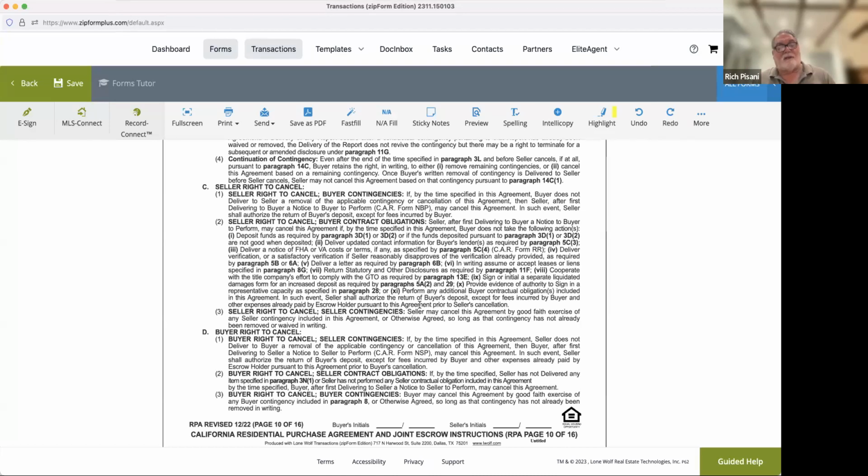If they're supposed to do their inspections within a time period and don't do it and remove that contingency, then you can give a notice to perform and you can cancel. That doesn't entitle you to their deposit. Make sure that they know that they don't get their deposit unless the buyer defaults. And the buyer defaults when they've removed all their contingencies. But that is the only way that the seller can cancel this agreement.